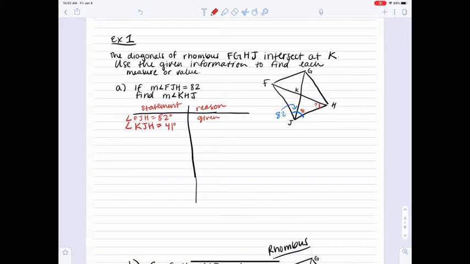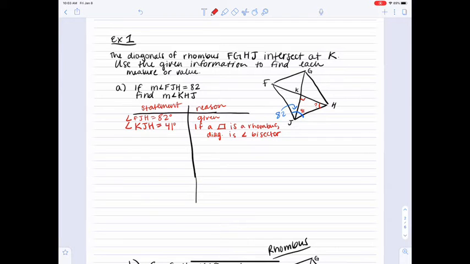And then we're going to write out that if a parallelogram is a rhombus, diagonal is angle bisector, which we just learned. So that cuts it in half, that's 41. And this is a rhombus, so we also know that this angle here, HKJ, is 90 degrees because the 2 diagonals are perpendicular to each other.